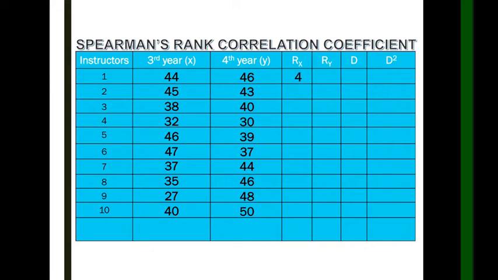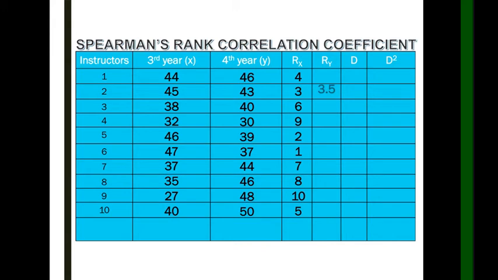So for the 44, it is rank 4, 45 rank 3, 36 rank 6, 32 rank 9, 46 rank 2, 47 is rank 1, meaning 47 is the highest score. Then 37 and 35, 27, and so on, meaning you need to rank all the numbers in the X.